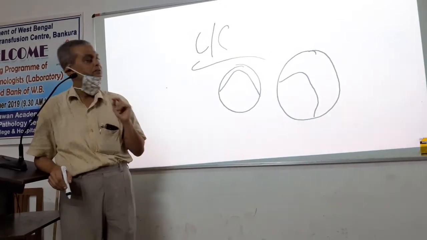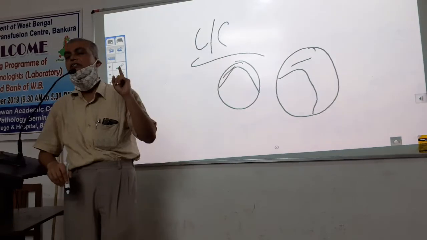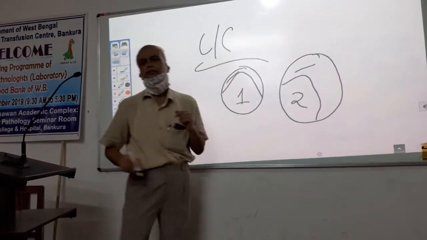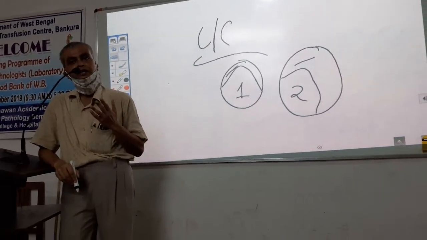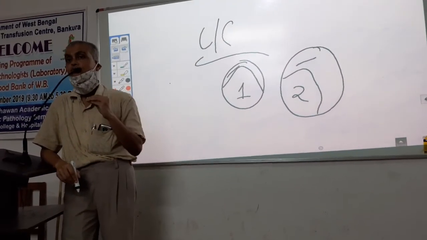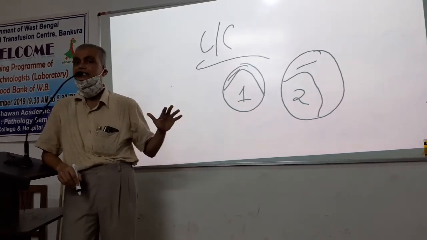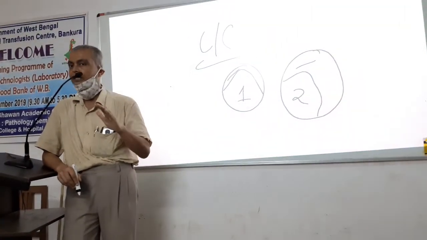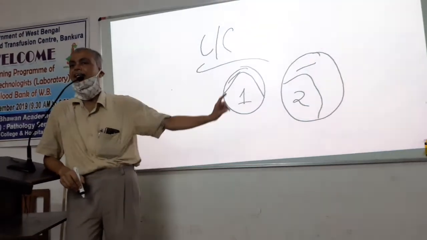Number 2, circulation through 1 is less, and circulation through 2 is more, and it is more turbulent because it is eccentrically placed. So as a result of turbulent rapid flow, there will be more chance of injury to the plaque than that of 1.